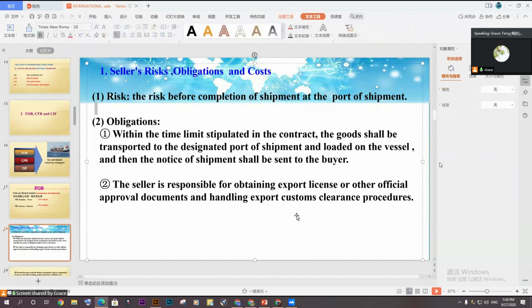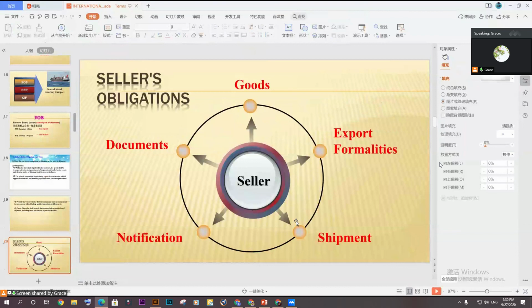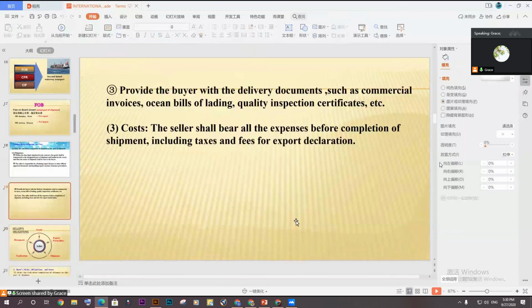And this is some explanation about the seller's risks, obligations, and costs. Maybe you will think there are so many words to read and that it is not very easy.